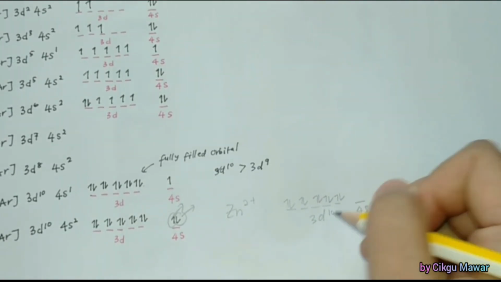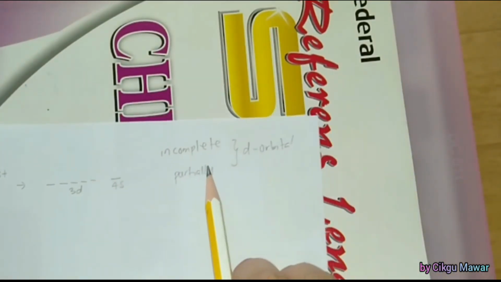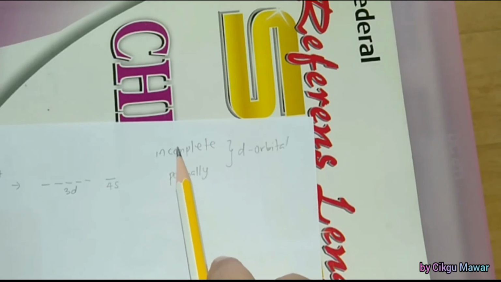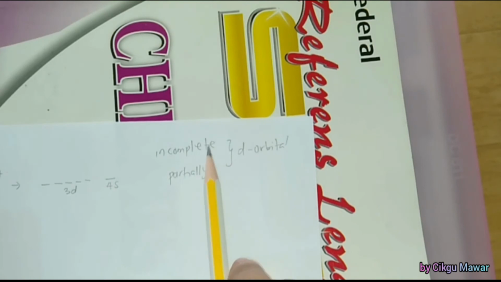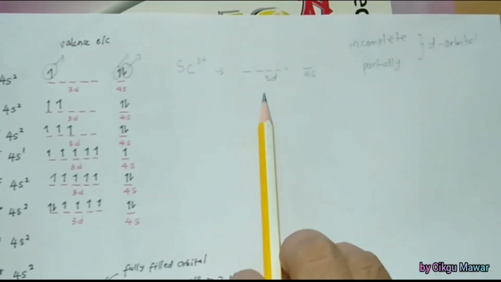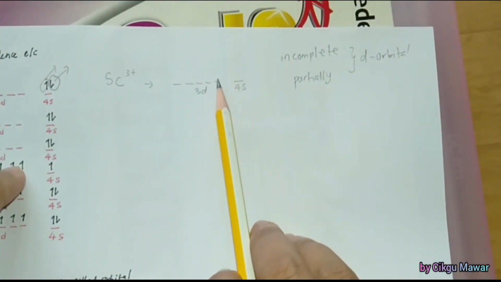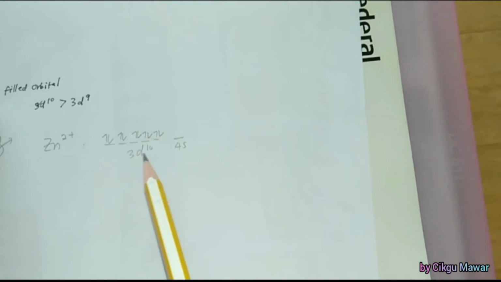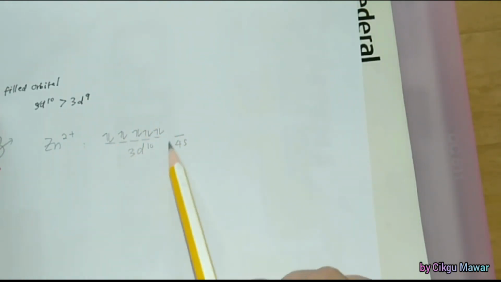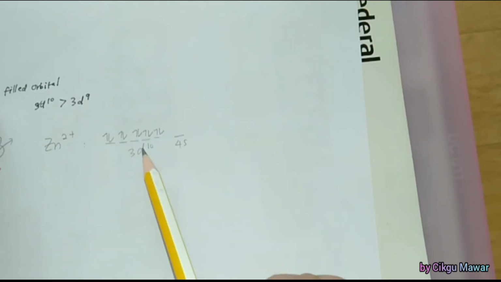While the definition says a transition element must form at least a stable simple ion with incomplete or partially filled d orbital, scandium has 0 electrons and zinc 2+ has a fully filled 3d orbital.